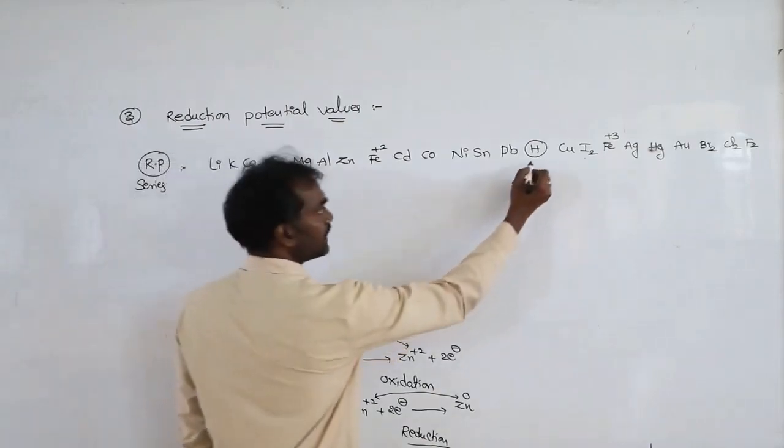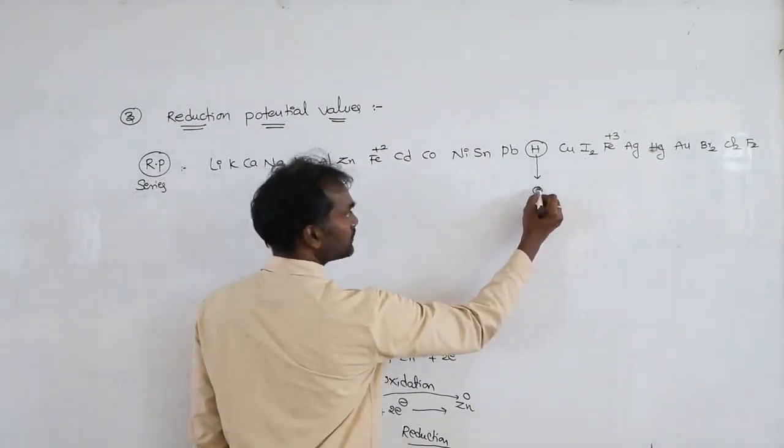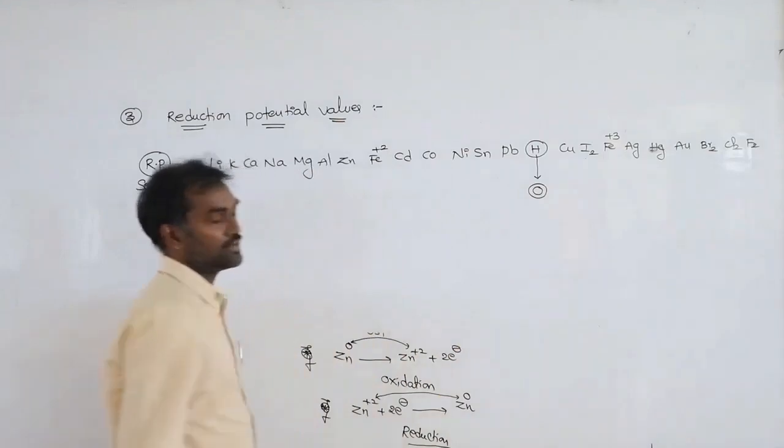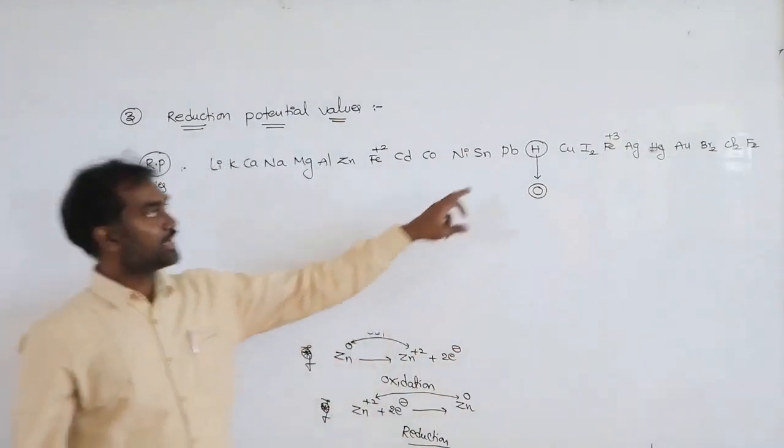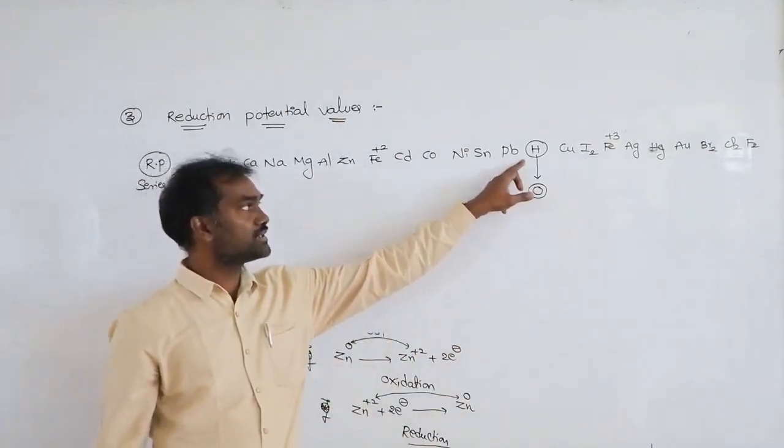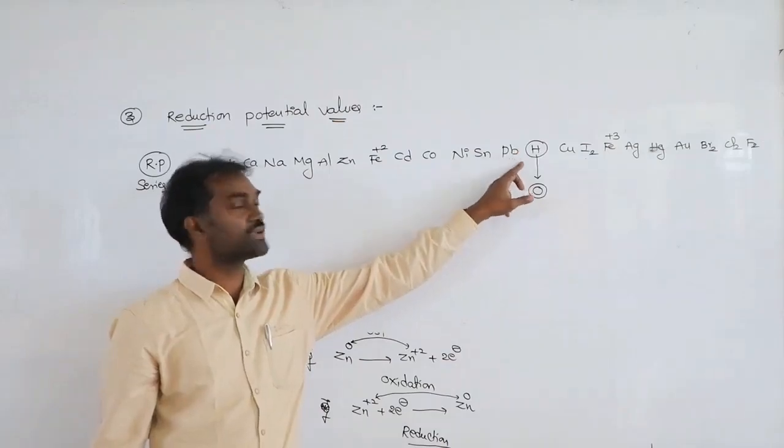They took hydrogen's reduction potential value as 0. Hydrogen is taken as 0, and this is called the reference.